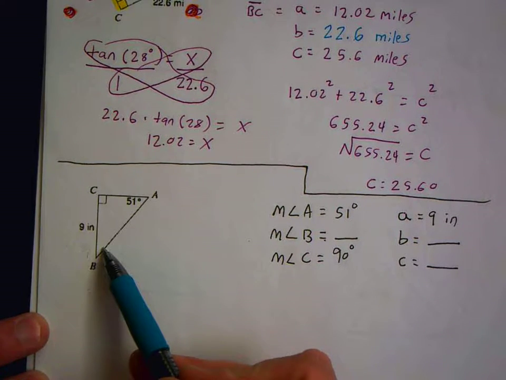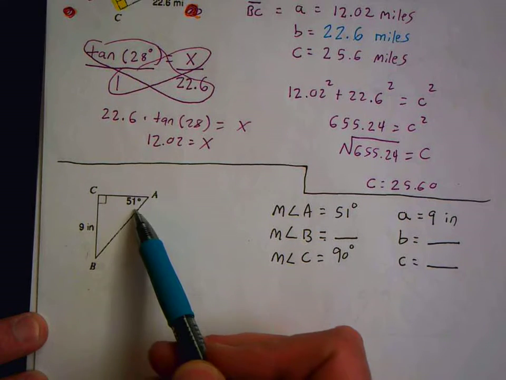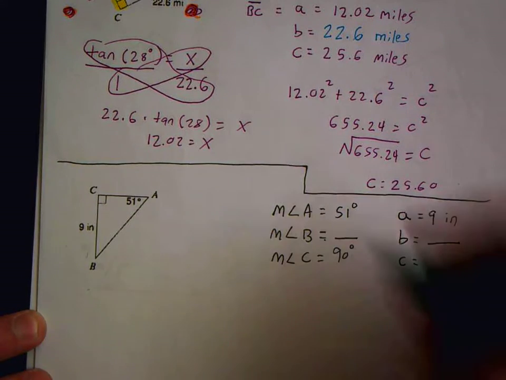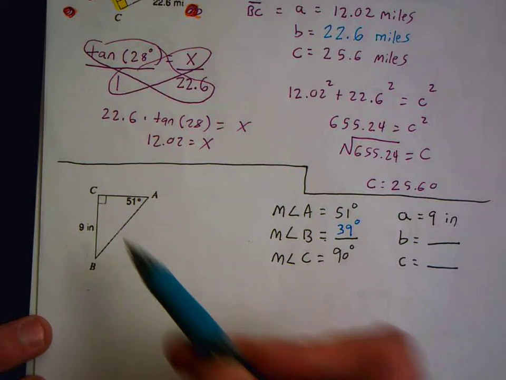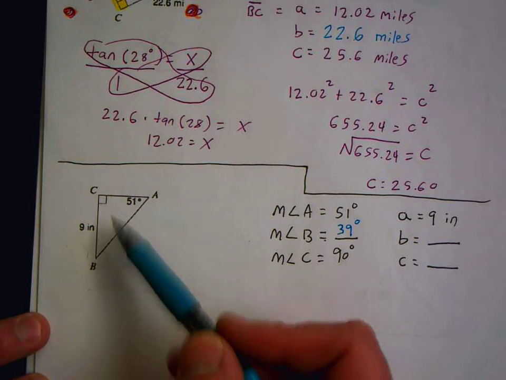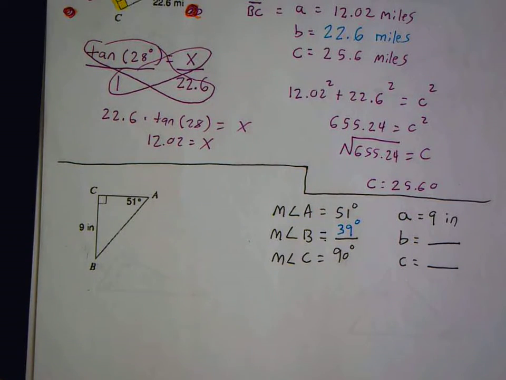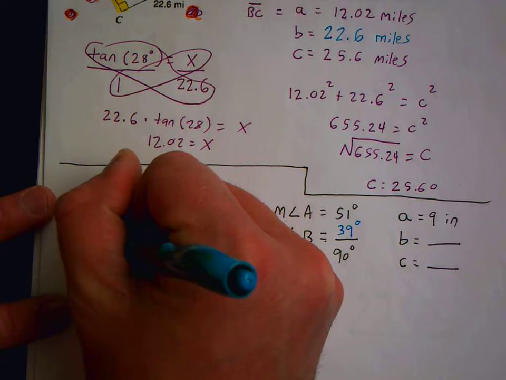What would I need here? 180 minus 90 is 90. 90 minus 51, 39. So B is 39 degrees. You may have caught on that because 3 angles in a triangle add up to 180 and 90 is already being used, the other 2 angles will always add up to 90. Okay. Makes it easier. So I know measure of angle B is 39 degrees.